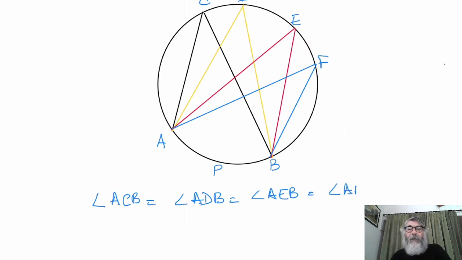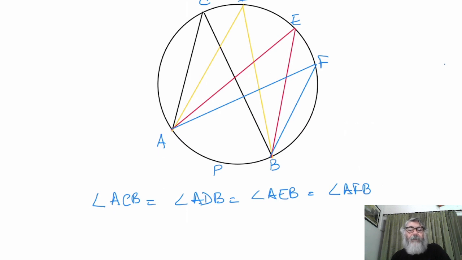So all these angles are angles in the same segment of a circle. It doesn't matter where these points C, D, E, F are. These points need not be only on the arc APB. Otherwise, on the remaining part of the circumference, they could be anywhere.